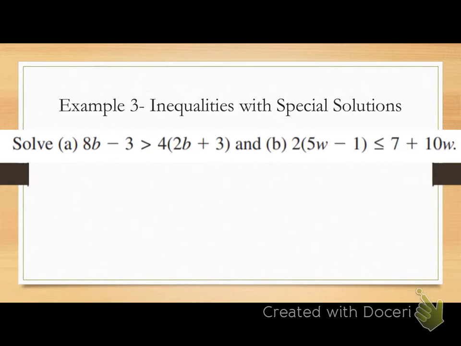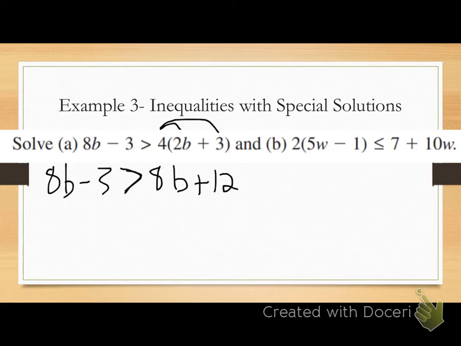If I have a number like this 4 being multiplied by a set of parentheses, I can distribute that 4 through that set of parentheses. So my left side is staying the same for right now, and now I'm distributing the 4. So 4 times 2b gives me 8b, and 4 times 3 gives me 12. Any questions on how we did distributive property there?